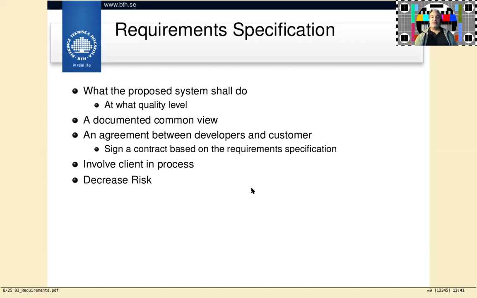Go back to the drawing board. So involve them as early as possible to make sure that you all agree along the way, that you have a common understanding of what is supposed to be built. This will decrease the risk of you delivering the wrong system, or the risk of delivering the system wrong. And the customers have a chance to, along the way, refine their wishes as well.